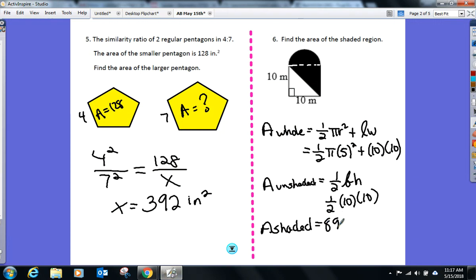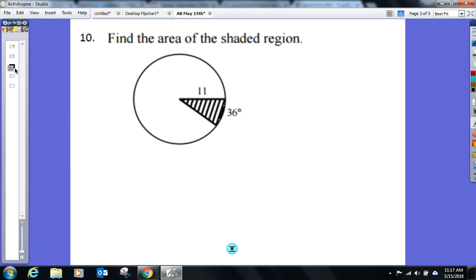Okay, here we're good. 89.26990817 square meters. We okay finding that whole thing? All right. Yes, Justin. Calculator didn't bring out that last one. That's fine, yeah.